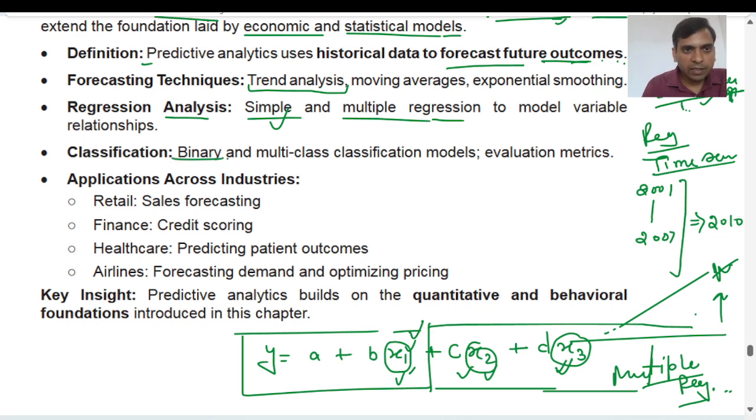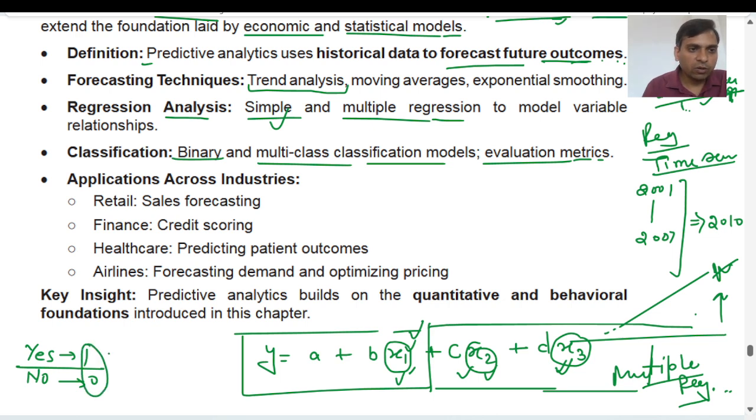Classification: binary and multi-class classification models, and evaluation matrix. Just like if we are saying yes or no, we can represent yes by 1 and no by 0. So either yes or no, this is binary, only 1 or 0 options. And multi-class classification models are those in which we consider psychological behavior, just like level of satisfaction 1, 2, 3, 4, 5.